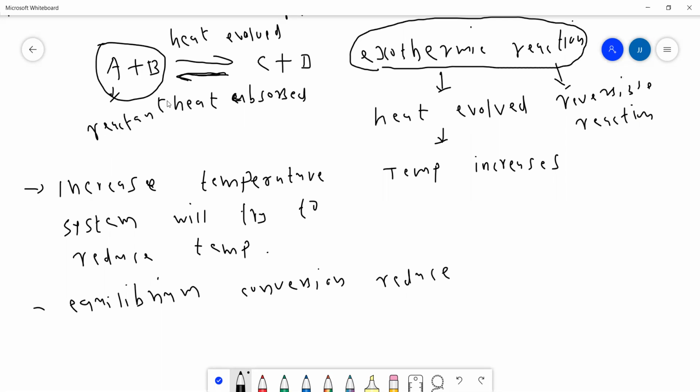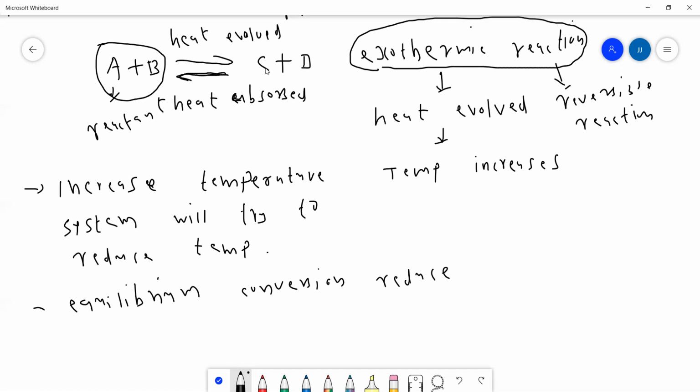Similarly, if we reduce the temperature, the system will try to increase the temperature. When heat is evolved, A plus B will react to form C and D, and the temperature increases.